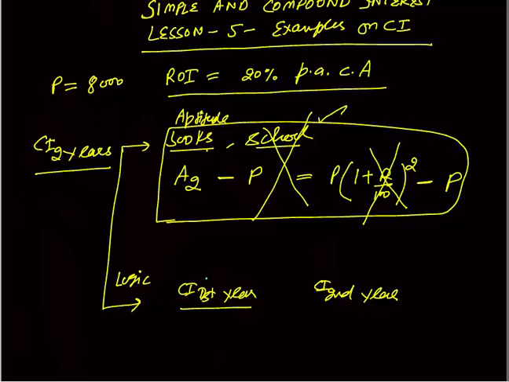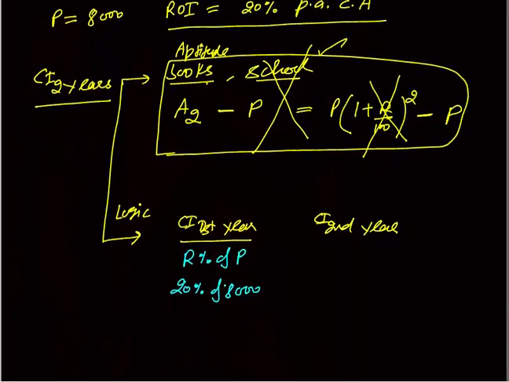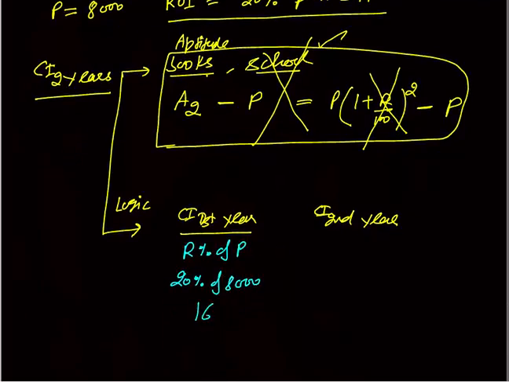So compound interest of the first year is R percent of P, because principal is the initial principal. 20% of 8,000. 10% of 8,000 is, as you have done in the percentage chapter, 800. So 20% will be 1600. This is the compound interest of the first year.